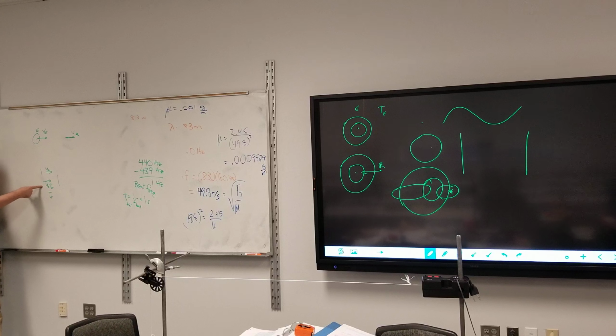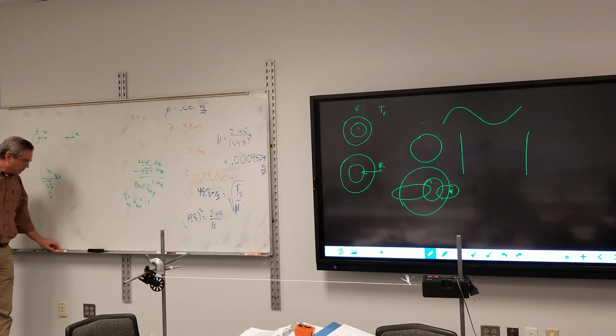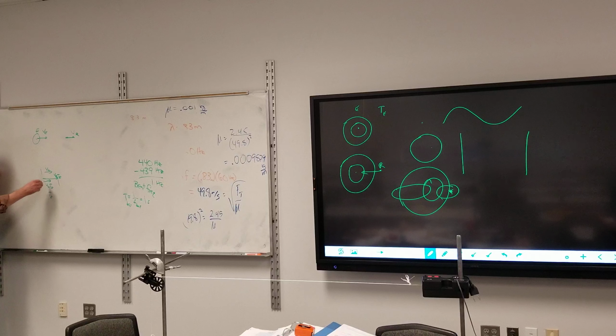That's how far the emitter has traveled, and the wave has traveled this distance here, v sub s t sub e. So from the source's point of view, that's the wavelength, distance from peak to peak. So the wavelength from the emitter's point of view is v_s t_e minus v_e t_e.